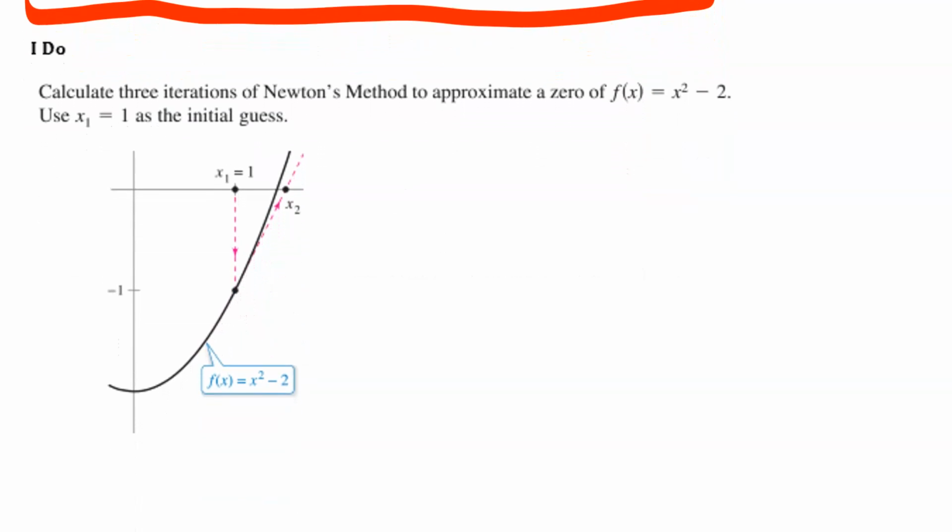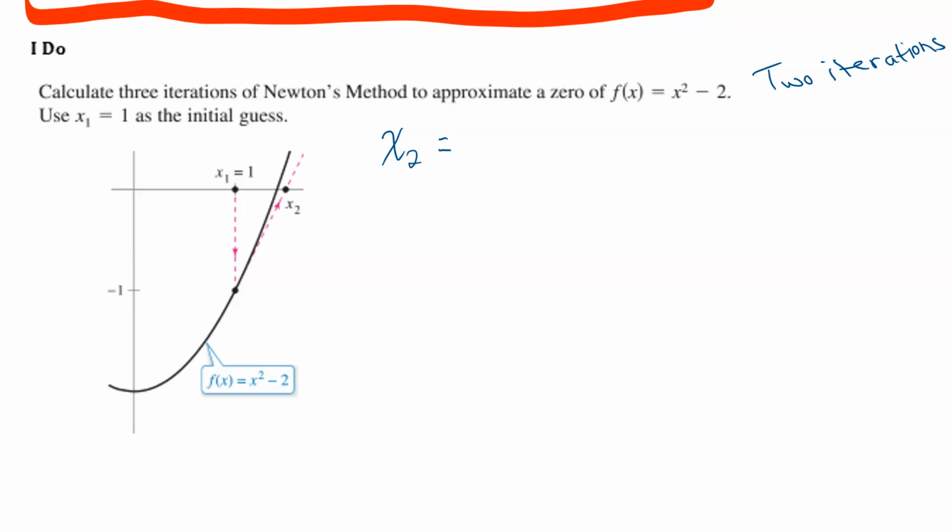So we're given the function x squared minus 2 here, and first guess of x1 is equal to 1. We'll do 2 iterations, because why not? An iteration just means I'm using the equation once, so I'll get my x2, and then I'll use it again to get my x3.